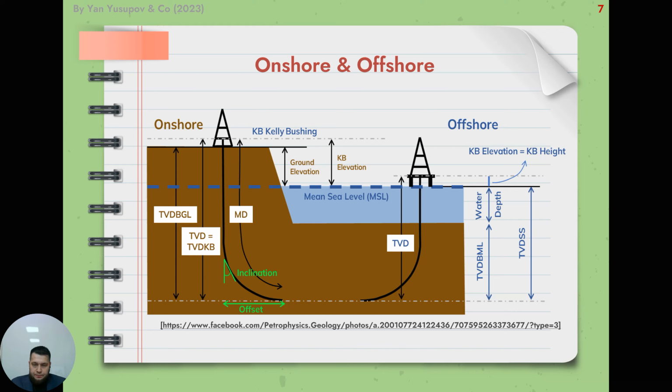Let's consider it. A Kelly bushing is a mechanical device that transmits torque from the rotary table to the Kelly, which is a hollow square or hexagonal pipe that is used to drill oil and gas wells. So for onshore, this is the Kelly bushing level.